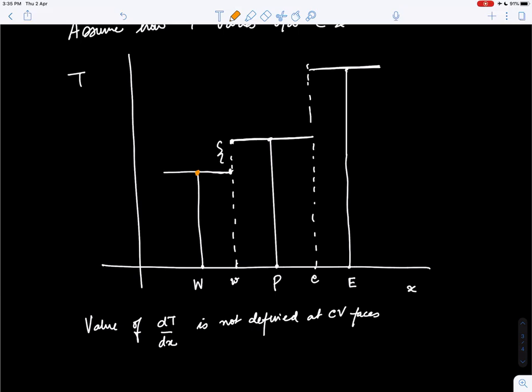So if the temperature at point W was this, we could assume the temperature varies linearly from W to point P, and then again from point P to point E. By doing so, we now have the slope at the control volume faces. By this line I mean the linear interpolation.